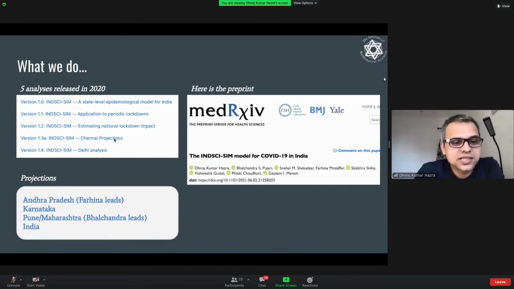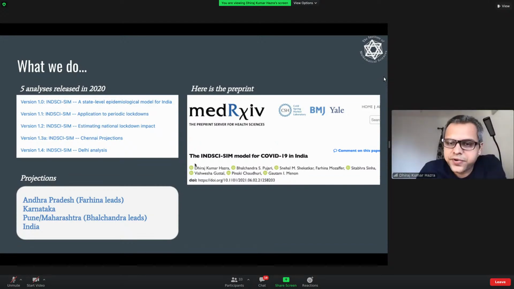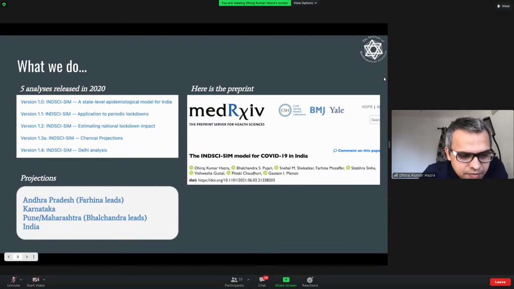Then we tried some projections, for example, Chennai projection and Delhi projection, which turned out to be quite successful. Later on, we shifted our interest to the data analysis, and the analysis that we had made resulted in this preprint, as I said, released in the beginning of this year. And let me just take a laser pointer.